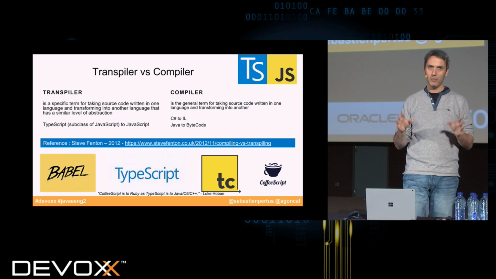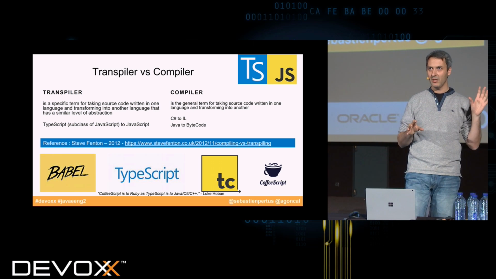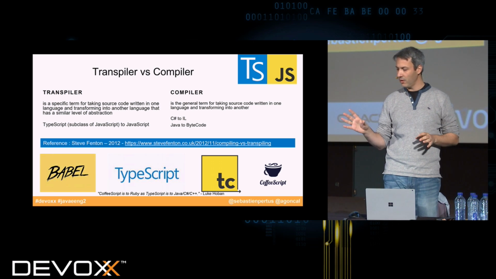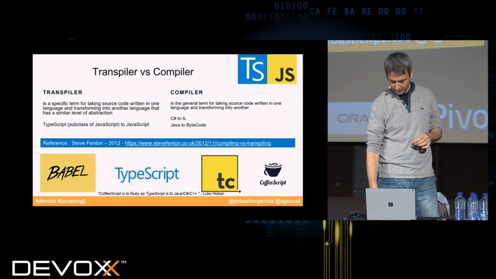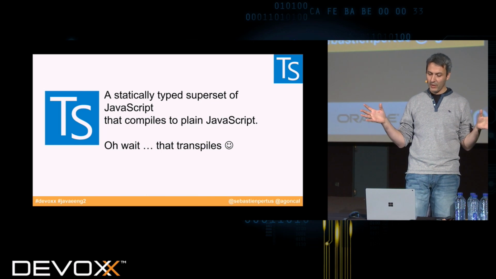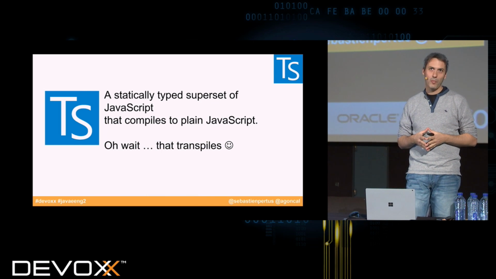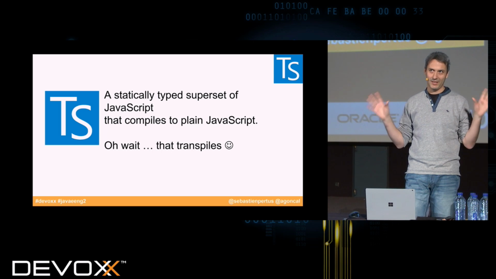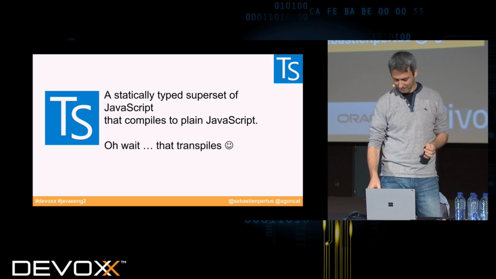So we are compiling because we are changing the language to another completely different one. Okay, so say transpiling, compiling, as you wish. So TypeScript is a statically typed superset of JavaScript that compiles to JavaScript. Okay, that's transpiled to JavaScript, whatever.